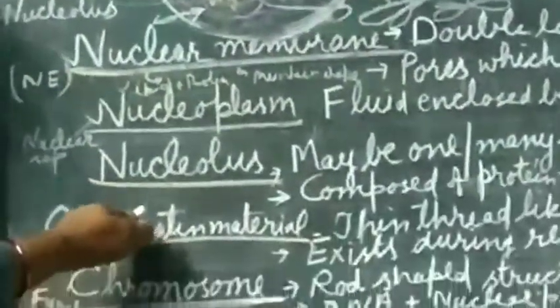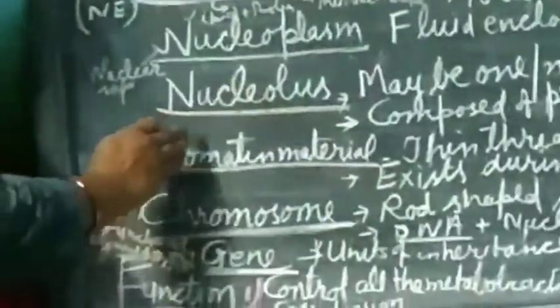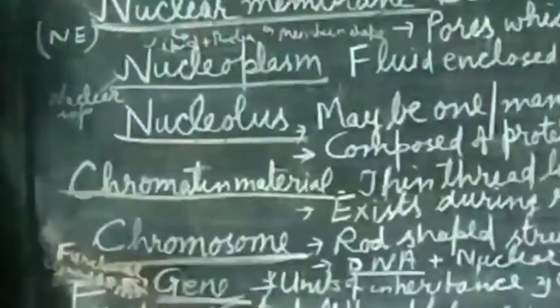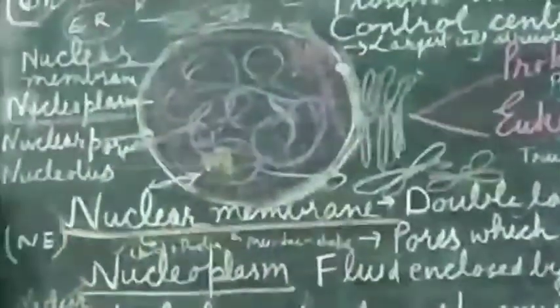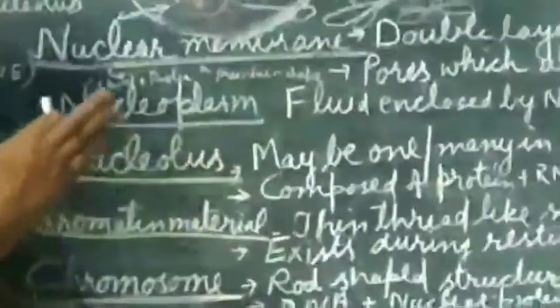The nucleolus spelling is different. It may be one or many in number. The very spherical, dense material inside the nucleus is the nucleolus. It is composed of protein and RNA. Very important: protein and RNA.